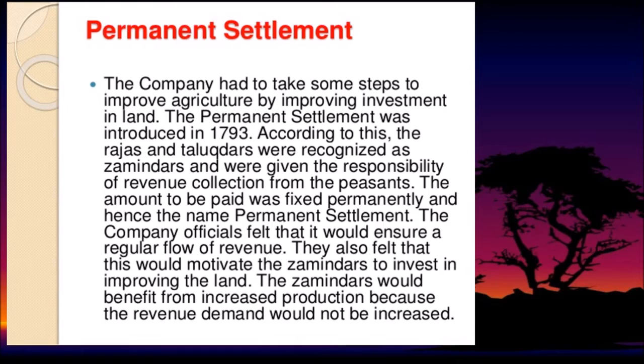The actual cunning plan was that the permanent settlement would ensure a regular income for the company, and that it would also encourage zamindars, which includes rajas and talukdars, to improve lands in their territories because better lands will give them better income.